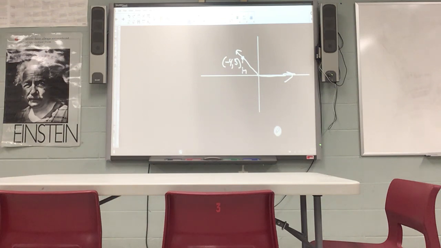That's -4 squared plus 3 squared equals, usually we say c squared, but I'm going to put r squared in this case, because that's our radius. So 16 and 9 is 25, equal to r squared. Square rooting, r is 5, a Pythagorean triple of 3, 4, 5. Now we know all three sides of the triangle.